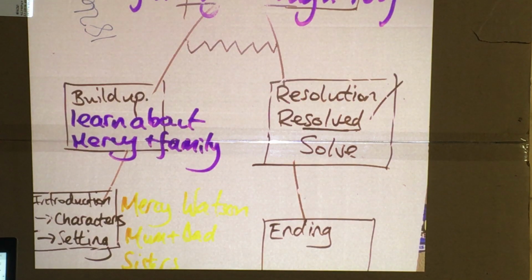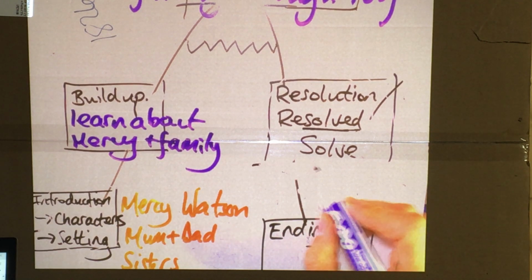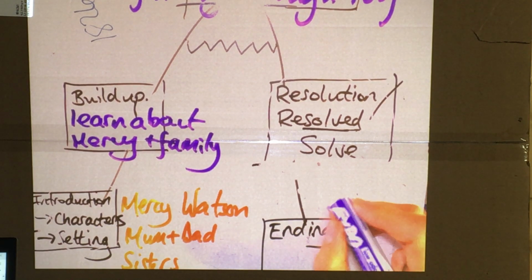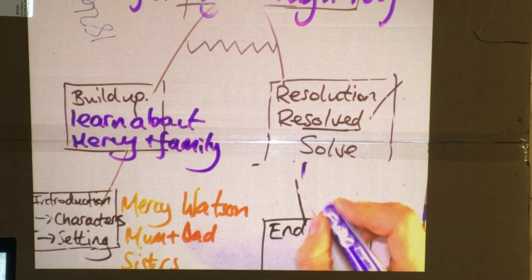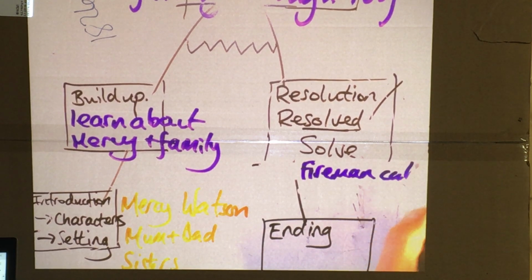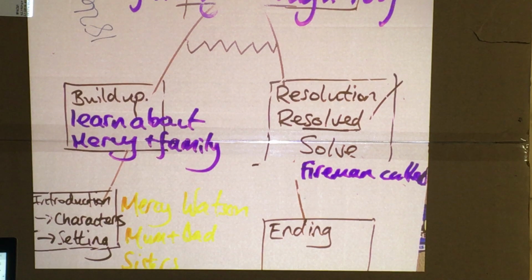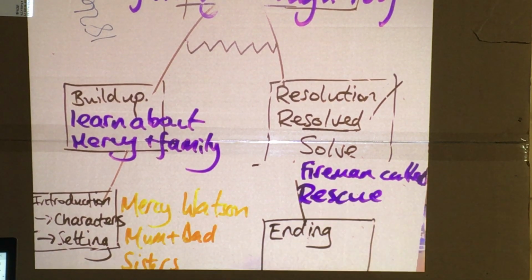Now, in the end, how is it solved? Well, Mercy solves the problem. If you remember, the firemen are called, and they come and rescue them. Okay, so that's the problem being solved. And in the end, what happens? Well, they have a big meal.